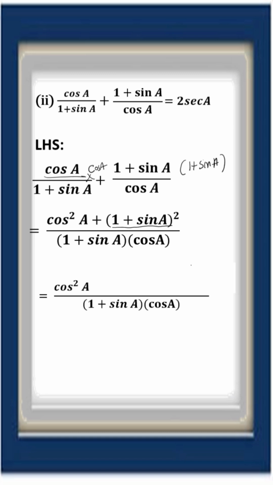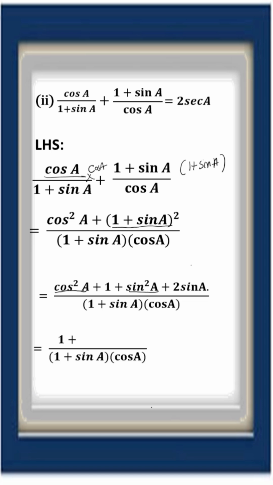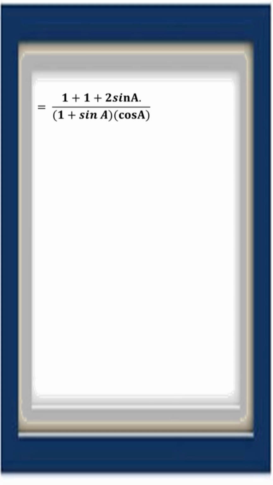So 1 square is 1, sin A the whole square is sin square A, plus 2 sin A. Now you can observe that here is cos square A, here is sin square A. So now we can have 1 plus 1 plus 2 sin A in the numerator, in the denominator 1 plus sin A into cos A.